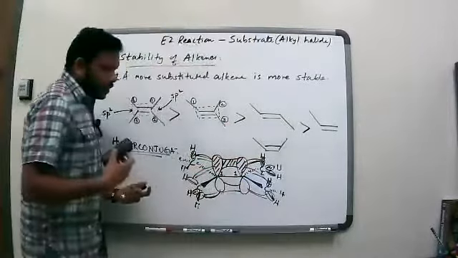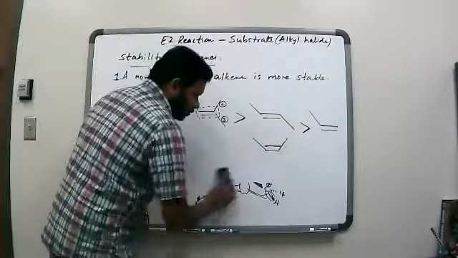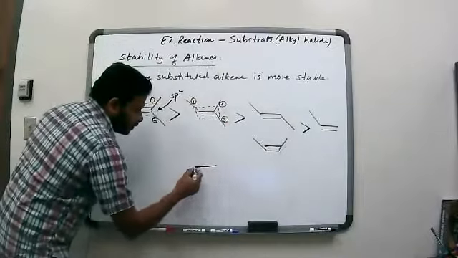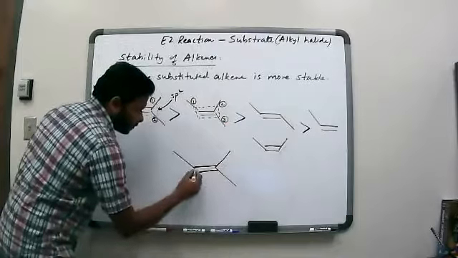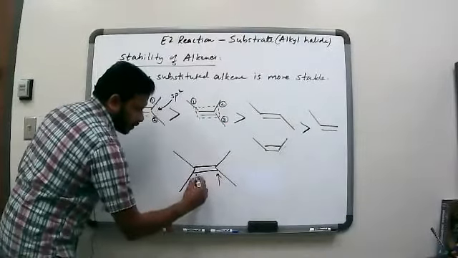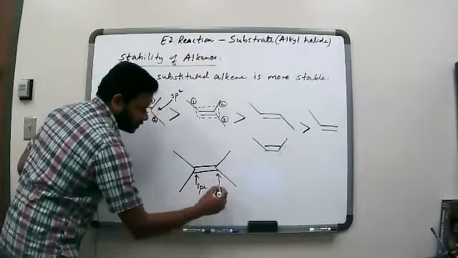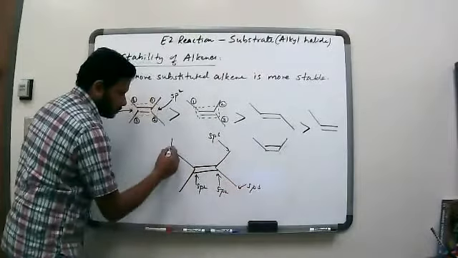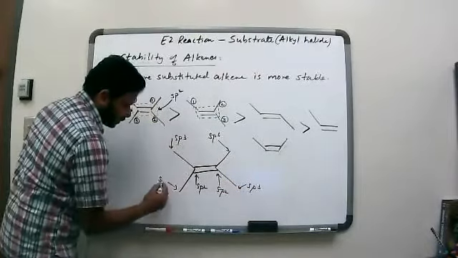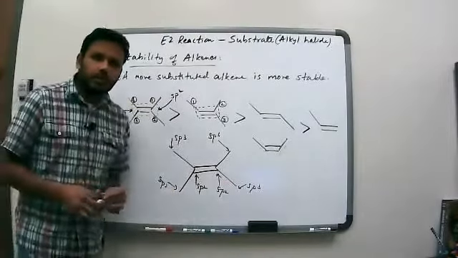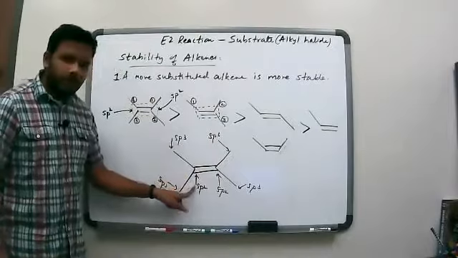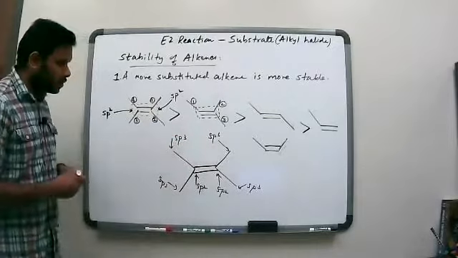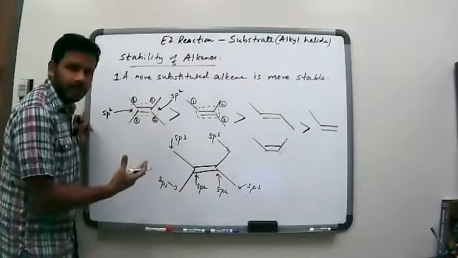Now, another very crude way to discuss the stability is to think about it like this: these carbons are sp2 hybridized, and these carbons are sp3 hybridized. What we know again from chapter 1 is that sp2 hybridized carbons are more electronegative than sp3 hybridized carbons. So in some sense, there's also going to be an inductive effect.